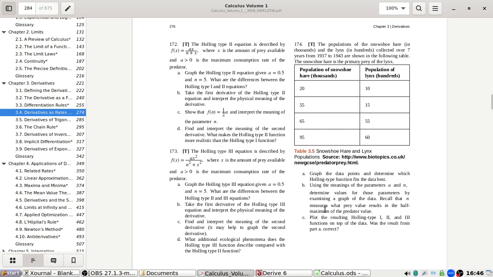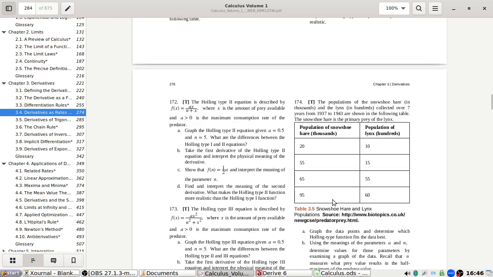Recall that N measures what prey value results in the half maximum of the predator.